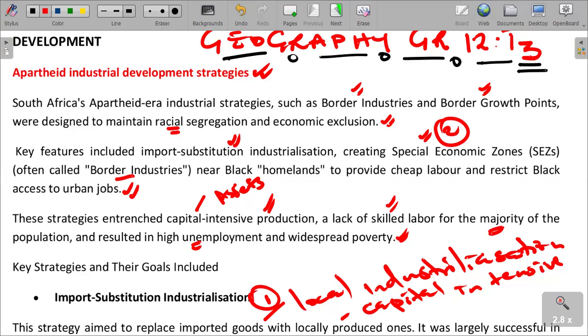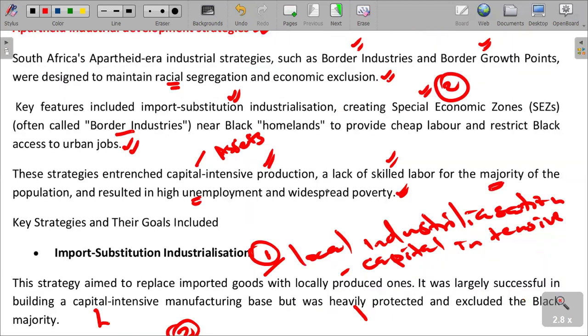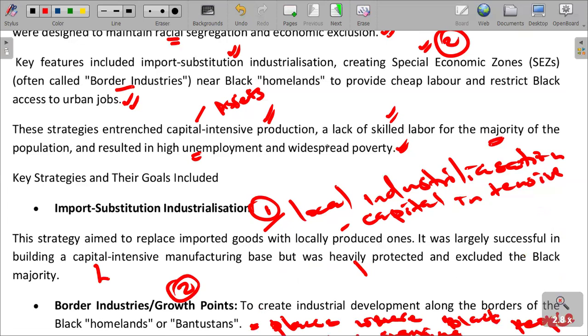They also did not have the required skills to be employable, and therefore high unemployment resulted, and without employment, poverty flourished. So we want to look at these strategies and discuss them as we go.